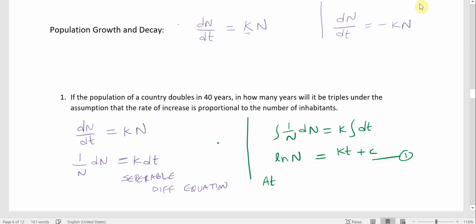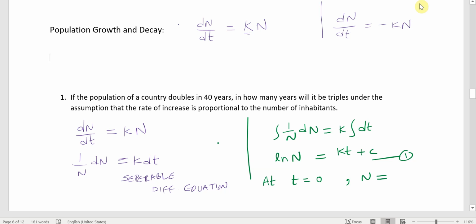Now at time t, what is n given? We need to collect this data from the question. So at time t equals 0, always we will take 0 for any question of this kind. N how much? Always at the beginning, how much is n, that we need as the first step.